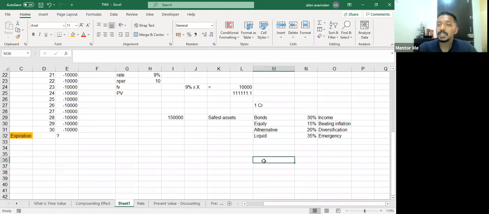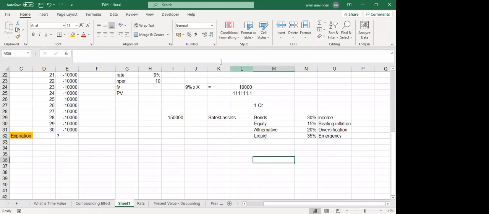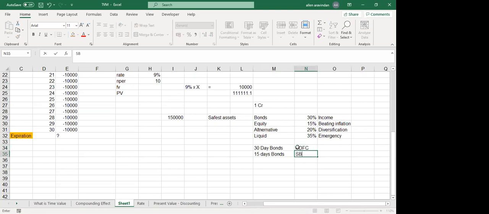A liquid fund invests in short-term bonds. Companies, even the government for that matter, require short-term money, in the form of, let's say, 30-day bonds or 15-day bonds, right? Because companies require it for their working capital. So they issue these short-term bonds, and these are big companies, for example HDFC, SBI, right? And these are all rated bonds.